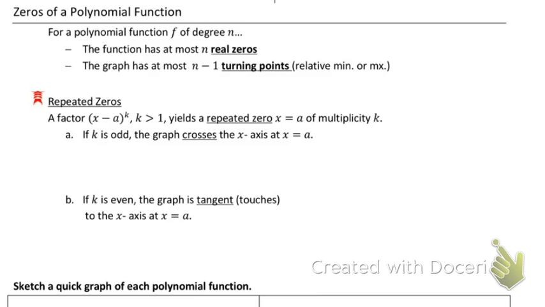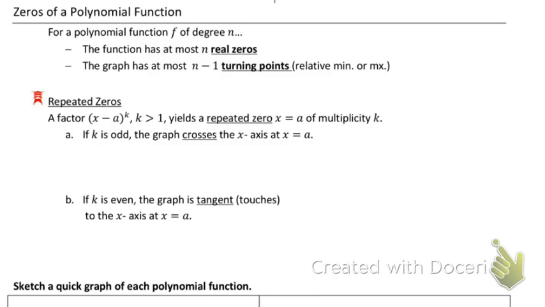So you can't have more zeros than your highest power. So if you have an x to the fourth equation, at most you have 4 real zeros. We don't know if they're all real. They could be all imaginary, but it has at most 4 real zeros.